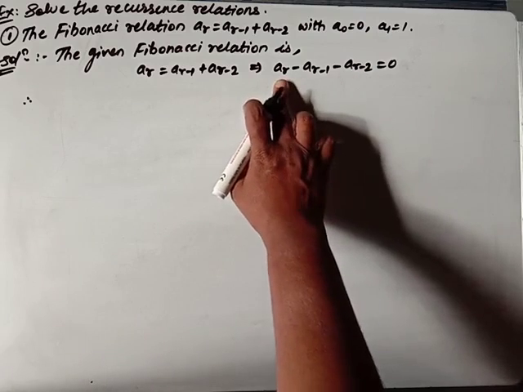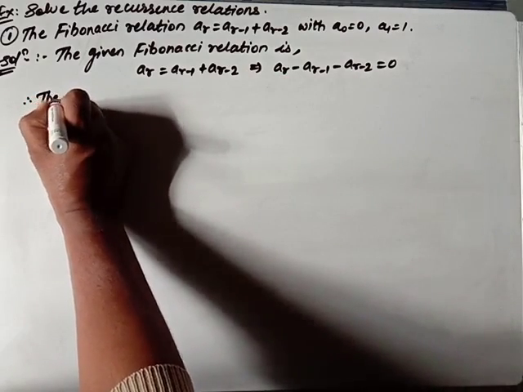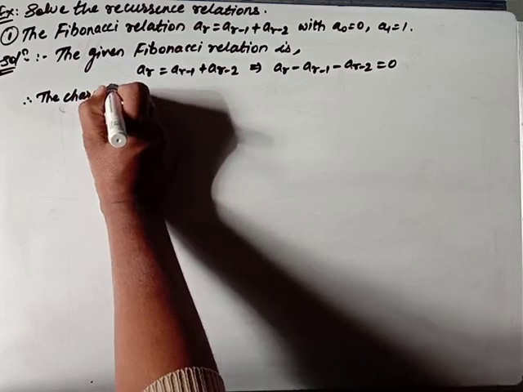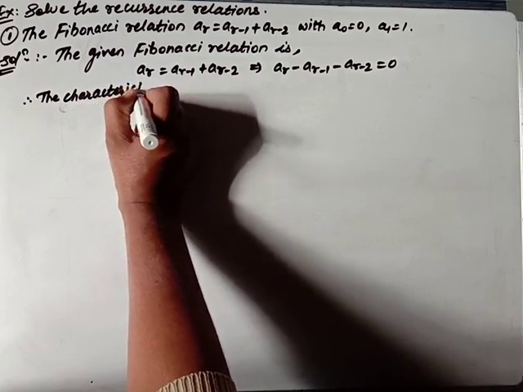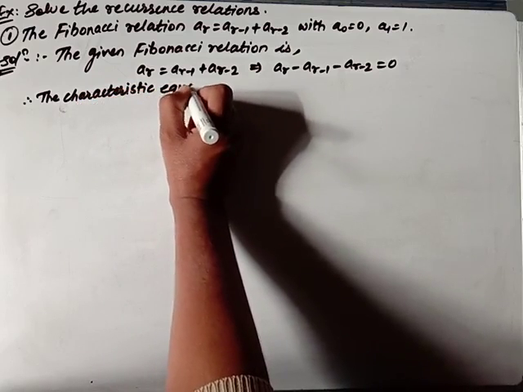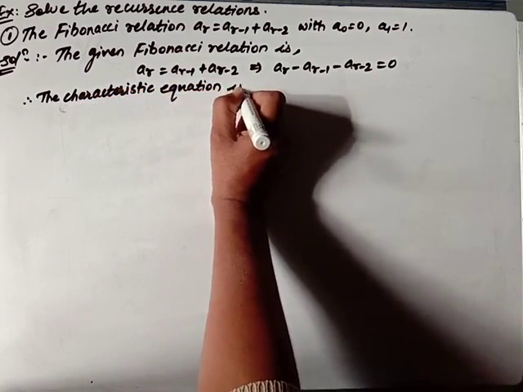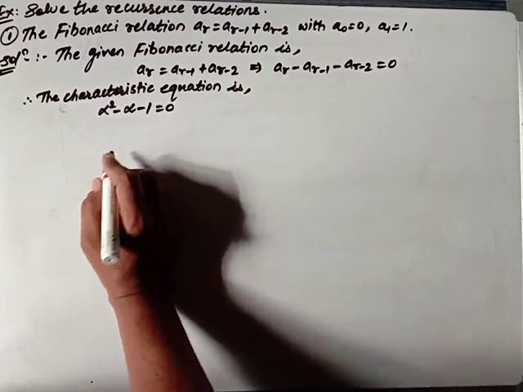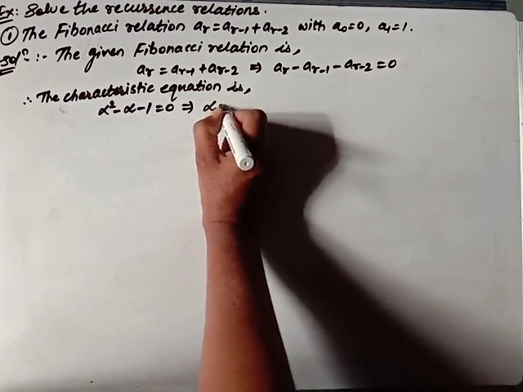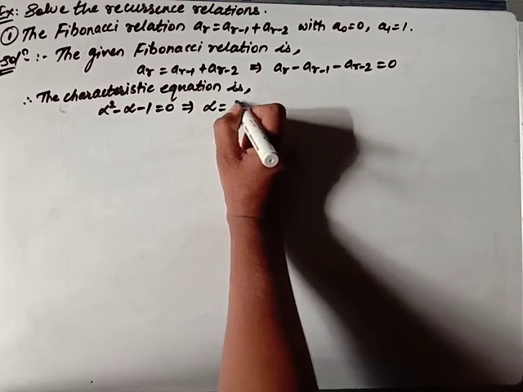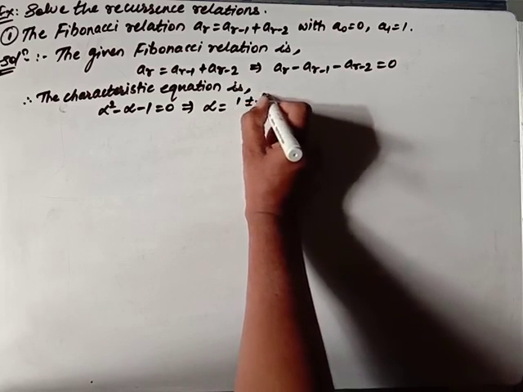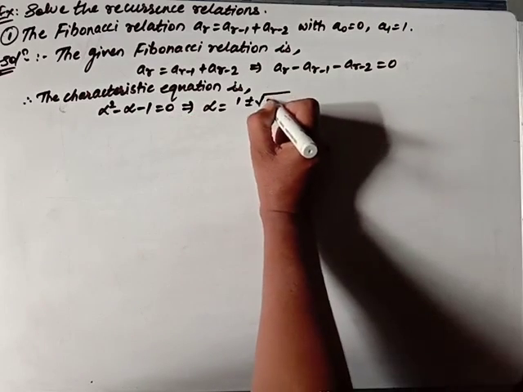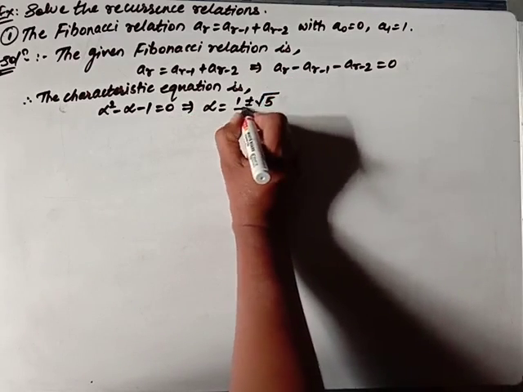2. So I will start from alpha square. The characteristic equation is alpha square minus alpha minus 1 is equal to 0. Now, what are the roots of it? Its roots are 1 plus minus root of b square minus 4ac, which is 5 here, upon 2.